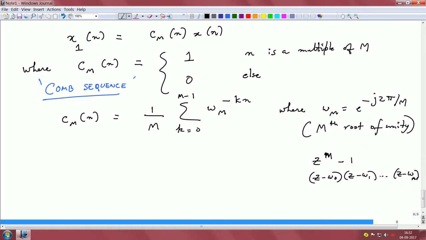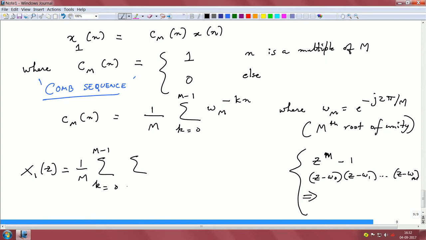Now since this is very clear and interesting to us, we can say x1 of z is 1 upon m summation k equals 0 to m minus 1, summation n equals minus infinity to plus infinity x of n omega power minus k n.